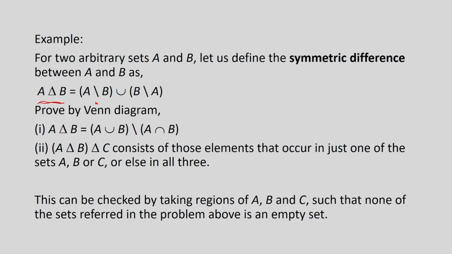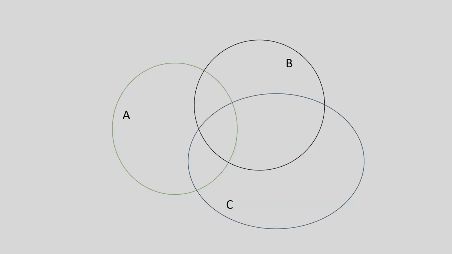Okay. So, let us try to check this. This can be checked by taking regions A, B and C such that none of the sets referred in the problem above is an empty set. So, I am just going to make sure that these intersection sets are not empty sets.